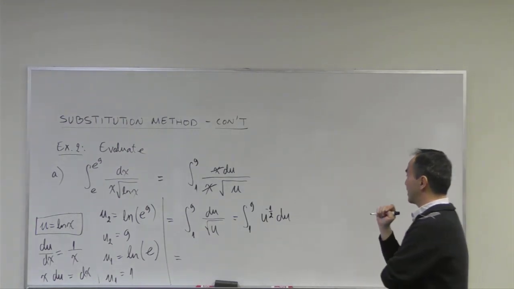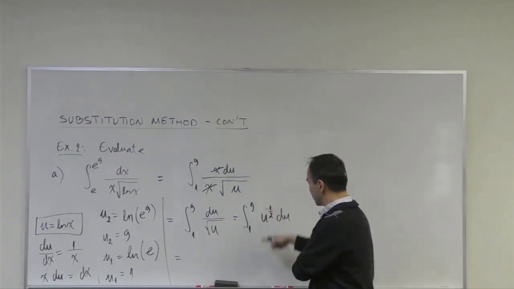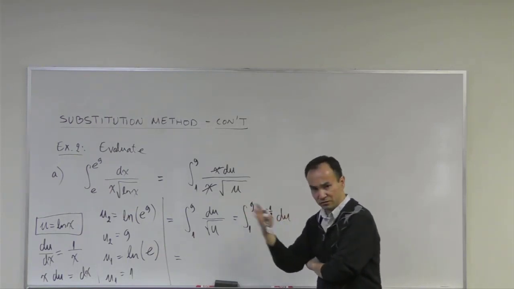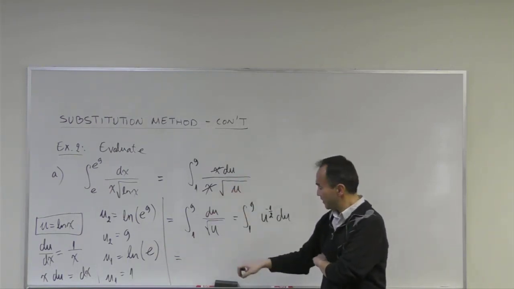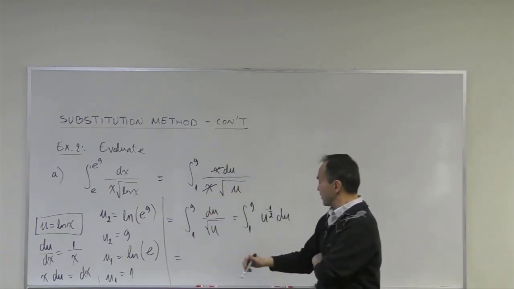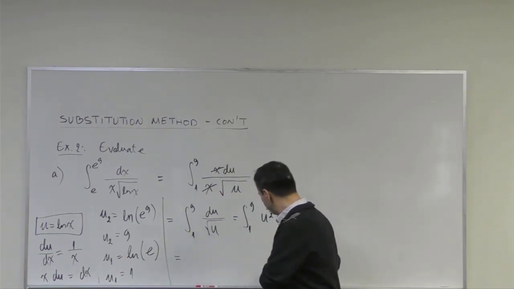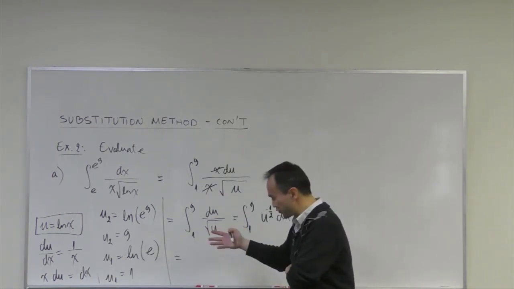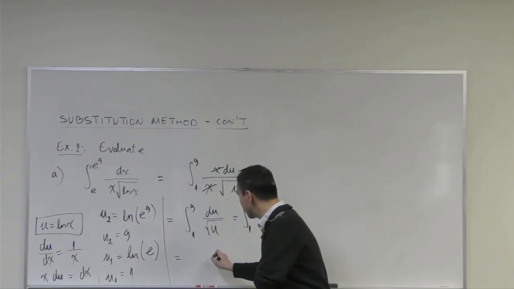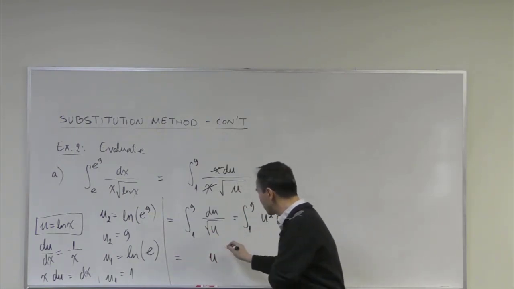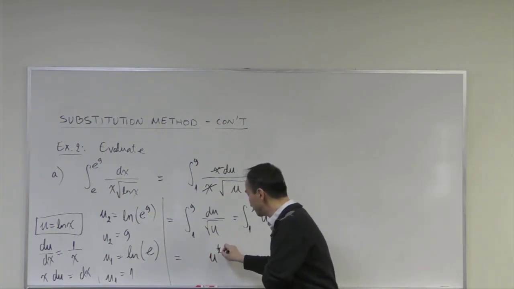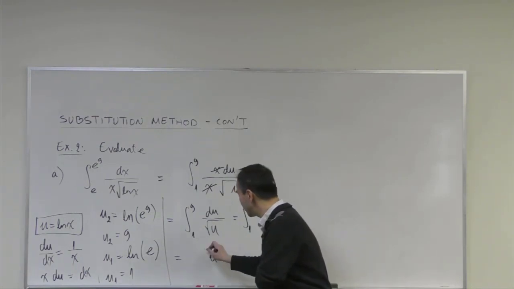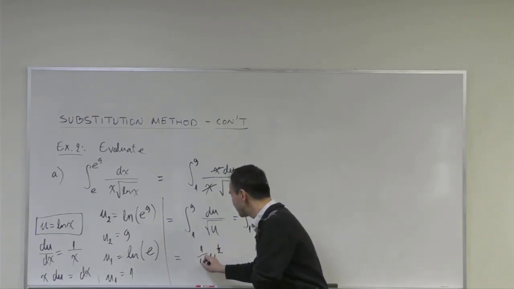Okay, and so now we can just go ahead and work on this problem, very similar to how we've done it in our past learning. So here the antiderivative, the fundamental theorem of calculus, is ready for action. So we're looking at u, now negative 1/2 plus 1 is making it a positive 1/2, and then 1 divided by 1/2, okay?